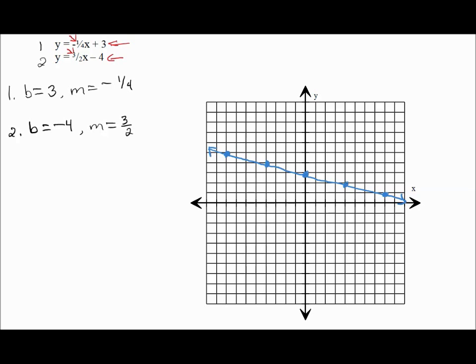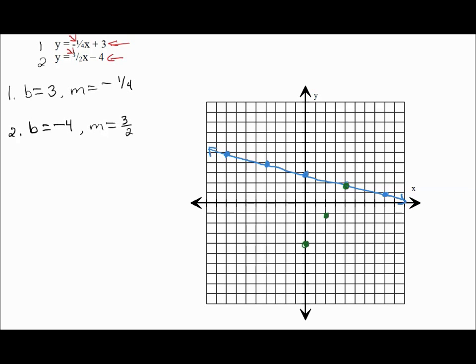So the y-intercept on the y-axis, I'll go down to negative 4: 1, 2, 3, 4. That's my first point. Then I'll use my slope. I'll move up 3 units, 1, 2, 3, and to the right 2, 1, 2. I'll make another point up 1, 2, 3, and over 1, 2.